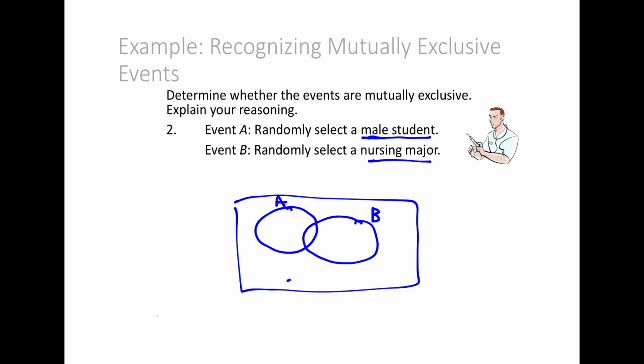And we can see here, the overlap of these two circles would be male and nursing, or A and B. That's where we have the overlap of the two. Over here, these would just be only nursing majors. And over here, this would just be males with majors other than nursing.